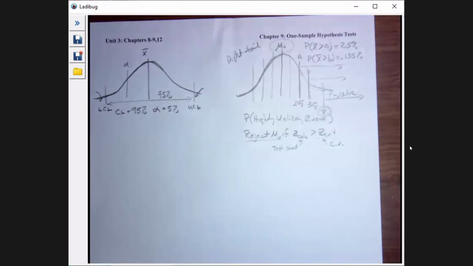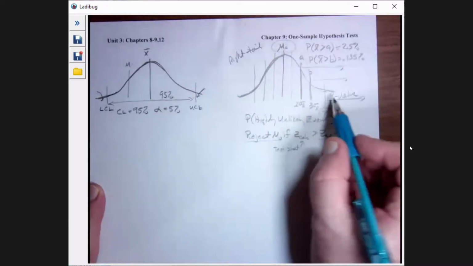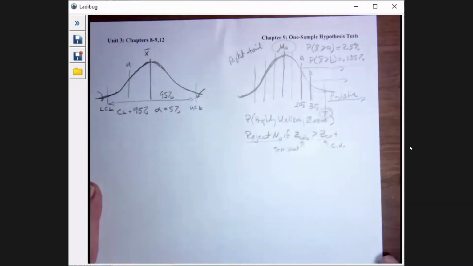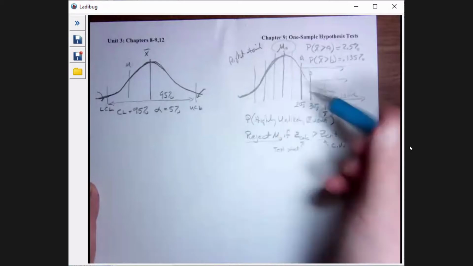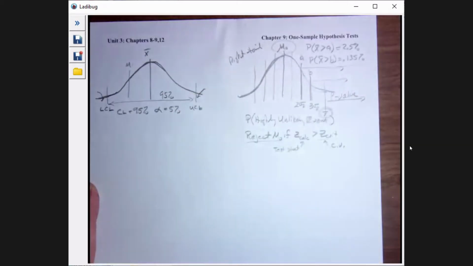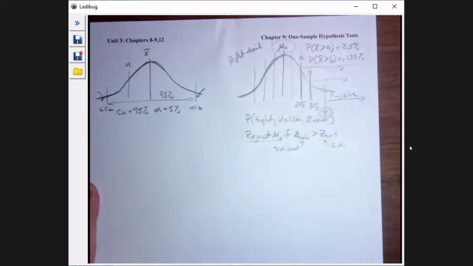Because this is the distribution of all possible values, there is non-zero probability of getting a value out here in either of the tails. Absolutely, because remember, these tails go on forever, forever that way, forever that way.